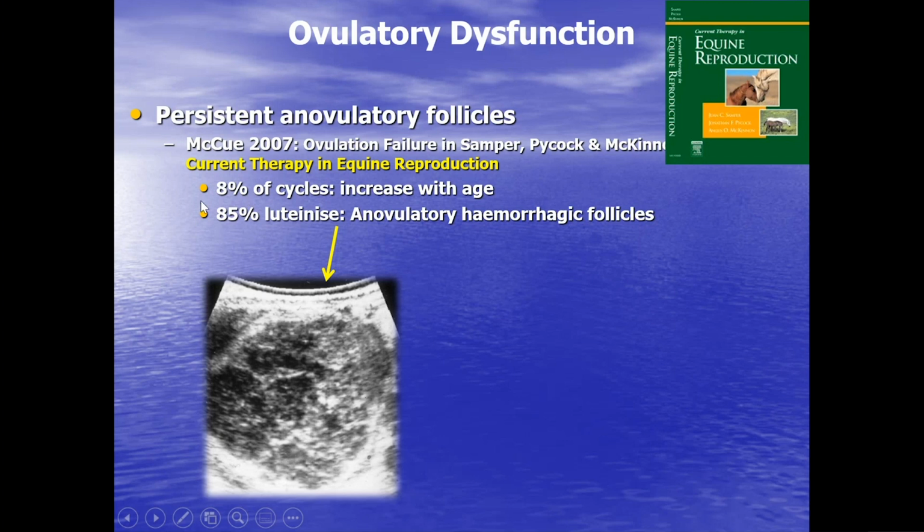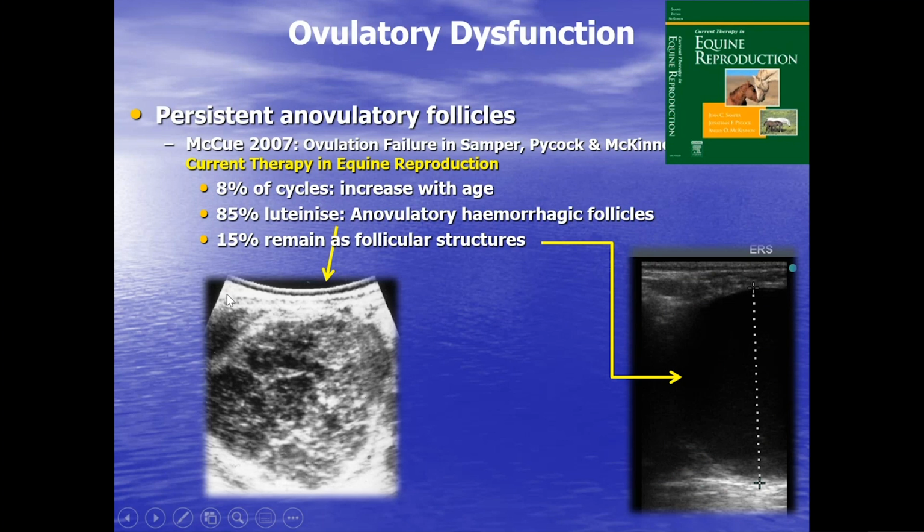The vast majority look luteinized. The vast majority form luteal structures. They're anovulatory because the oocyte is not released, but they are luteal structures. A very small percentage, whether it's 90-10 or 85-15, whatever, but a much smaller percentage would be the important thing to remember, form a persistent follicular structure.